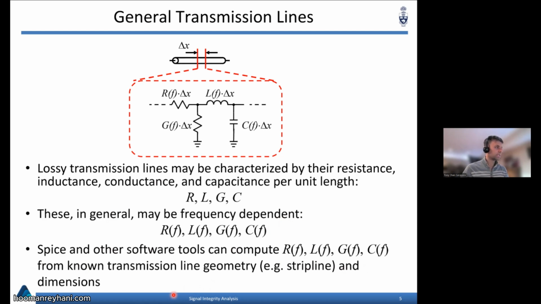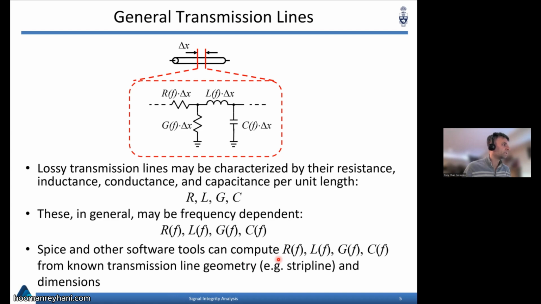For example, there are a lot of software tools where you can punch in that you're dealing with a strip line, here are the dimensions, the thickness of the trace, and some constants about the materials you're using, the dielectric constant, loss tangent of the dielectric, and so on. We'll talk more about some of these constants later, and it'll just spit out these values over the frequency range that you specify.